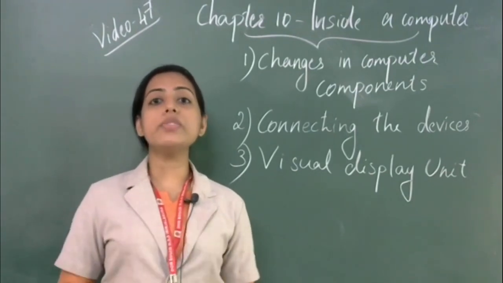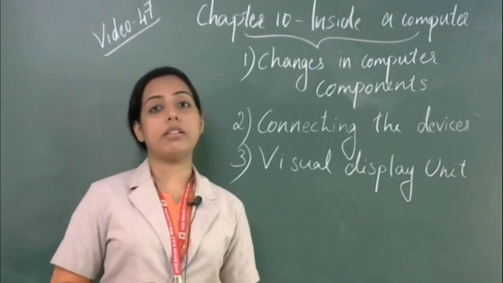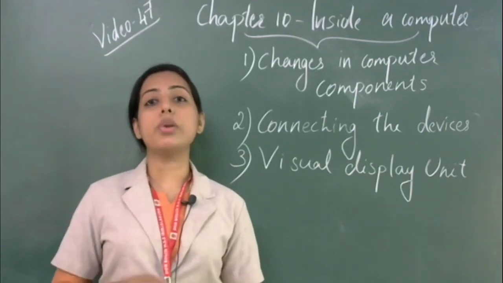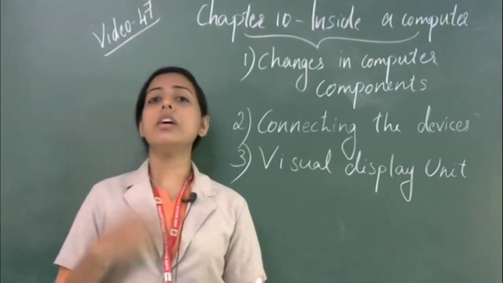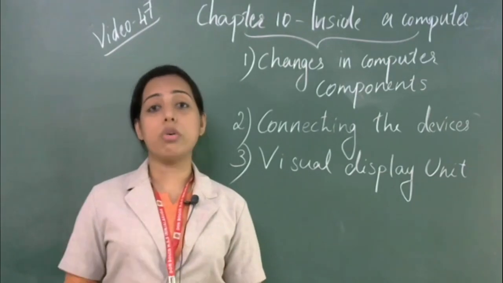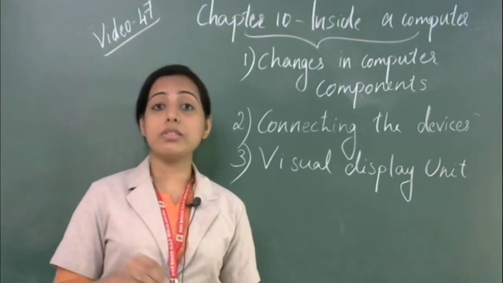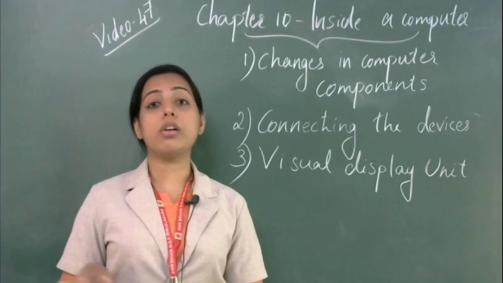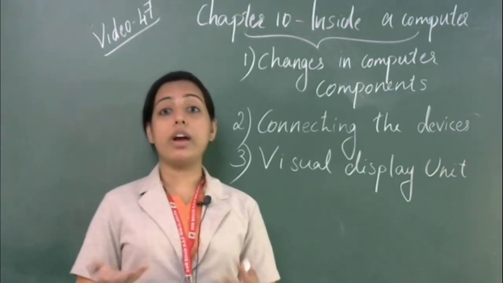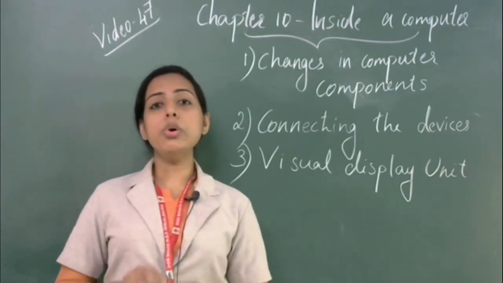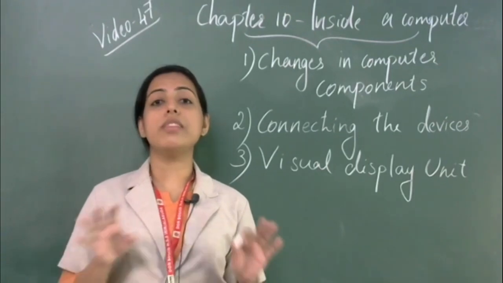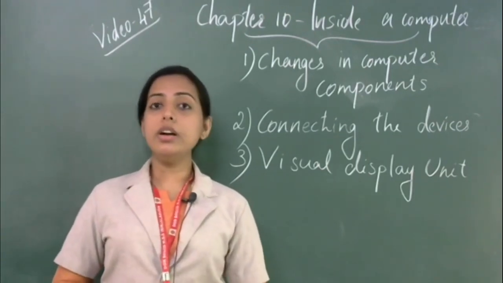After that, nowadays we can see computers in LCD format. So technology is growing day by day and the changes are reduction in size, increase in storage capacity, reduction in size of the computer and its components, and now we are using wireless keyboards and mice. So there are drastic changes in computer technology.